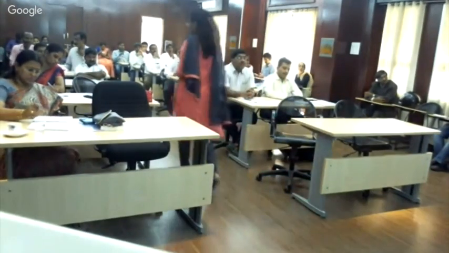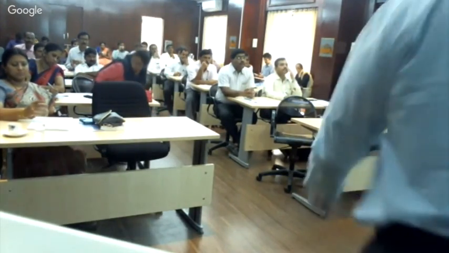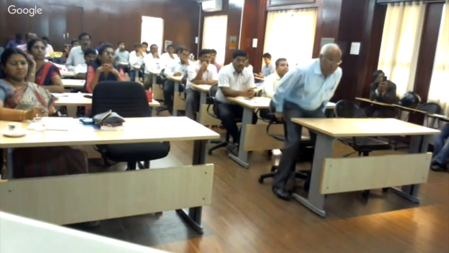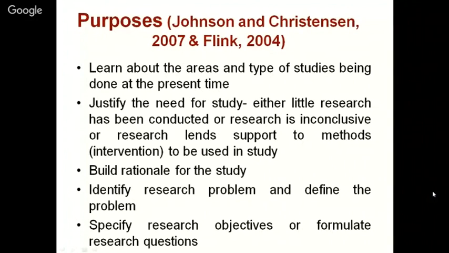Let's quickly look at the purposes which are served by the review of related literature. Here, I have given the references Johnson and Johnson and Flink. They have enlisted a large number of purposes which are served by review of related literature. The very first is to learn about the areas and type of studies being done at the present time. When a researcher is at the stage of selecting a problem, he goes through the literature.